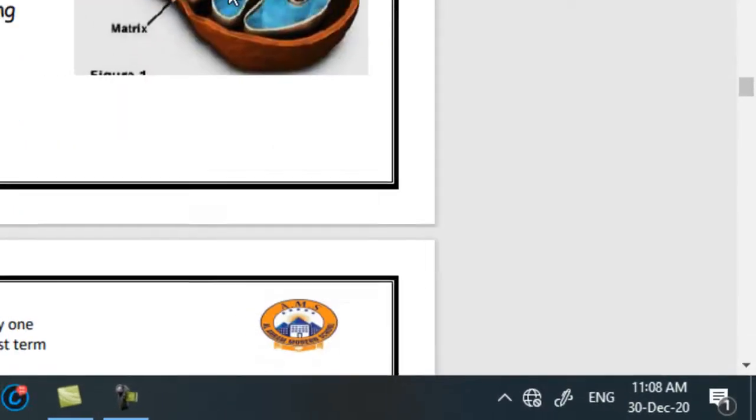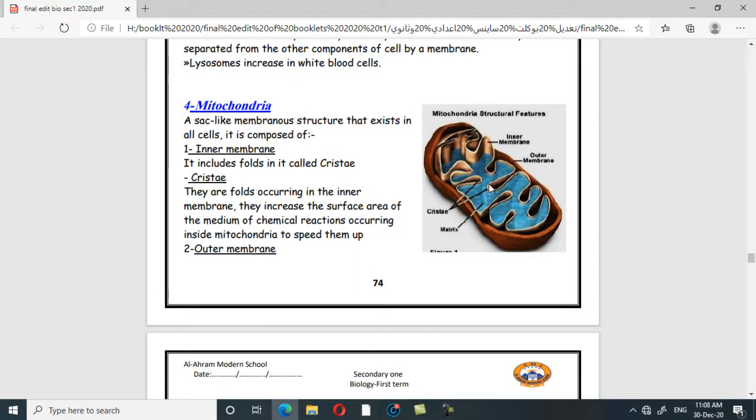Here is the mitochondria, and we talked about it in the first lesson, when we were talking about the carbohydrates. The mitochondria is formed of two membranes, the outside membrane and the inner membrane. The inner membrane is folded many times to increase the surface area, forming projections like fingers called cristae.